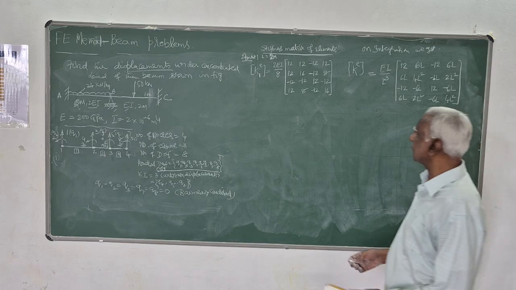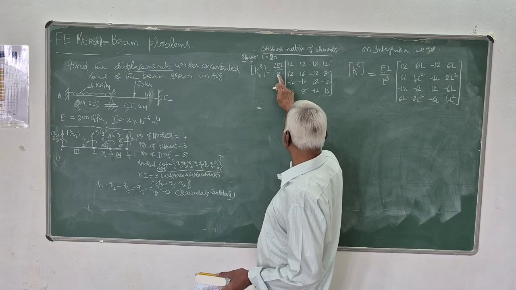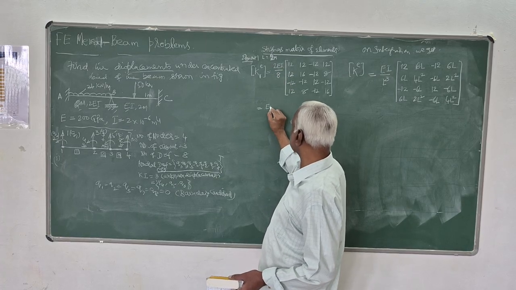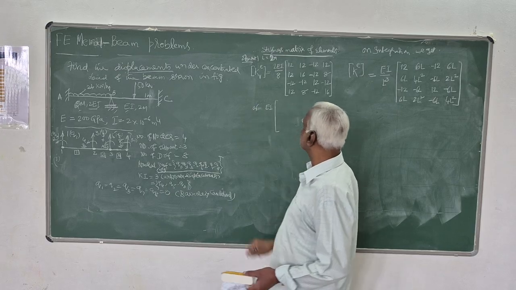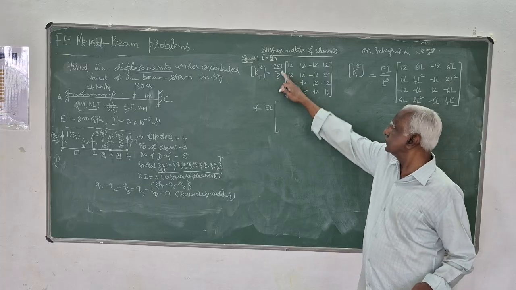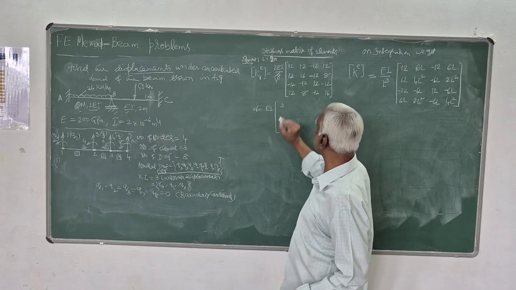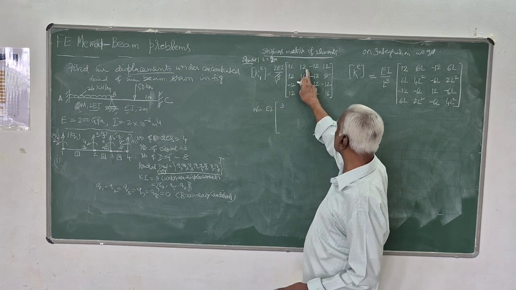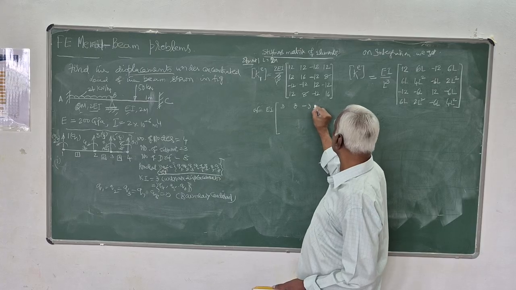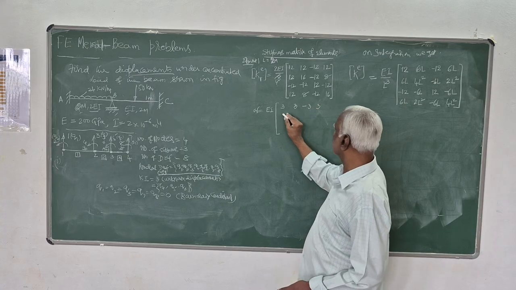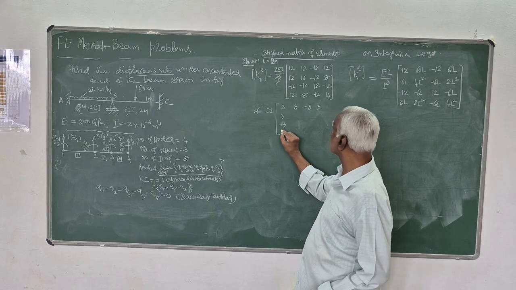Or you can simplify this further. You will get EI by 4, taking the 4 inside. This will be 3, 12 by 4, minus 12 by 4, then 12 by 4, 3, minus 3, 3.